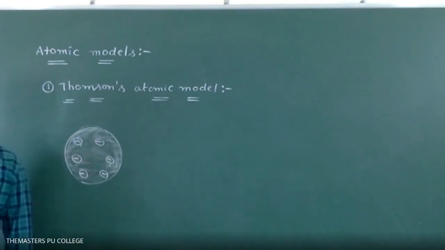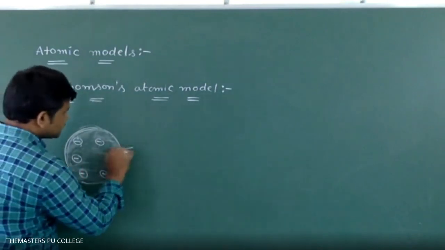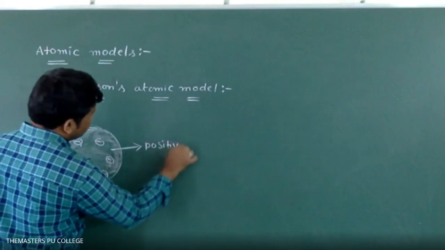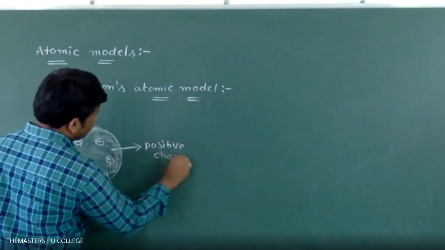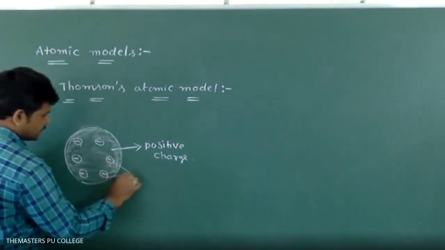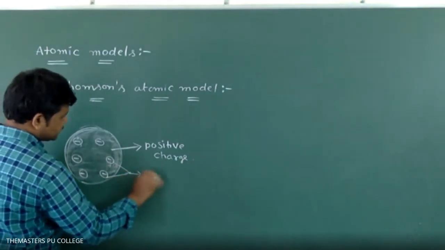In this positive charge, electrons are embedded to give more electrostatic arrangement. This part is equal to positive charge, and these are electrons.